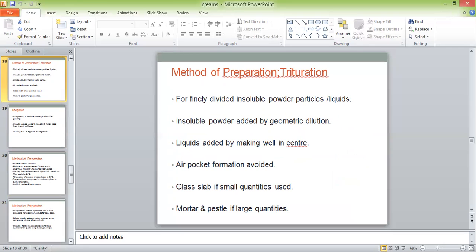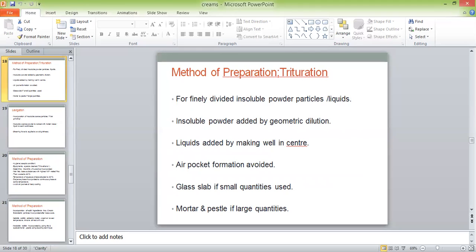Geometric dilution is the method in which a small amount of the drug is mixed with a small amount of the diluent first, then it is triturated and smoothed, and then the other portion of the diluent is added, and in a similar way the whole of the diluent is consumed. In this way, a smooth paste or a smooth mixture would be formed.